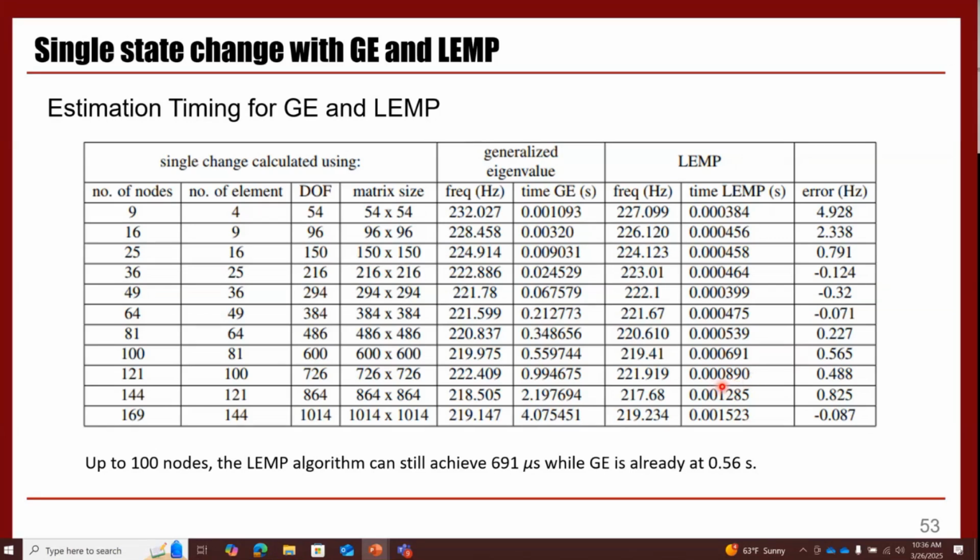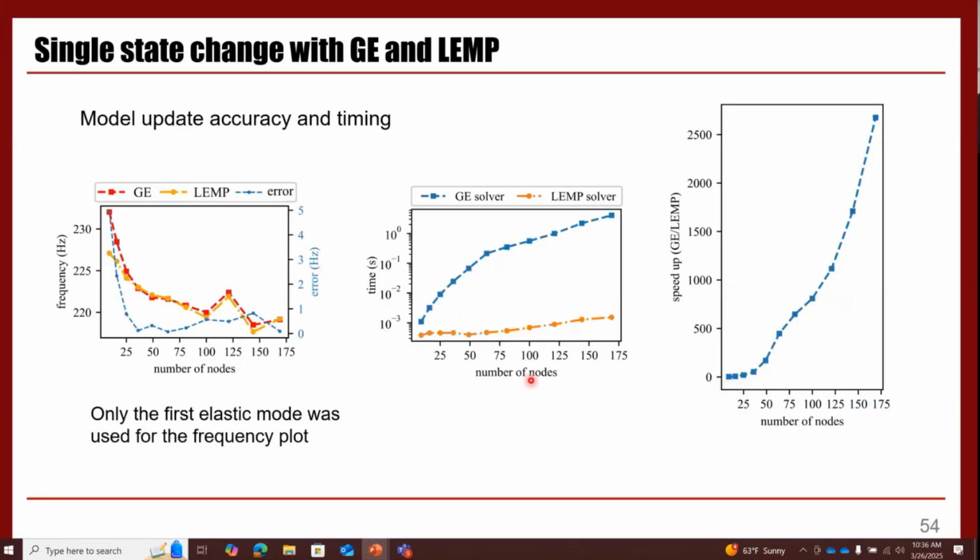So here is a better plot that shows the results for the accuracy between generalized eigenvalue and LEM. We can see good correlation with low error. The timing is very similar to the 1D system, where LEM increases linearly.